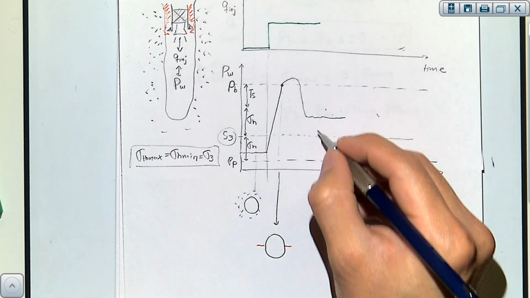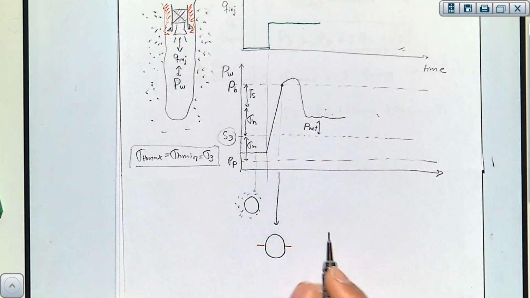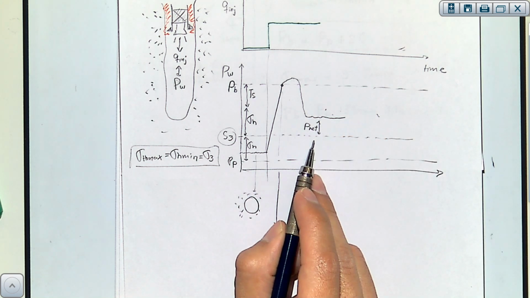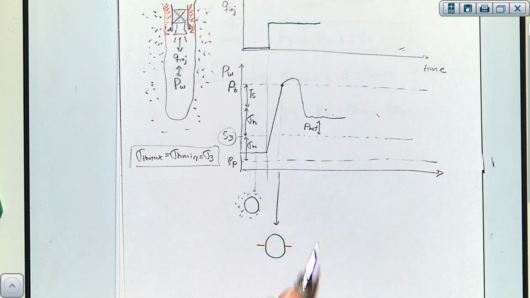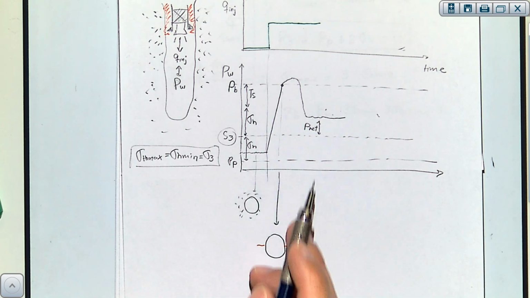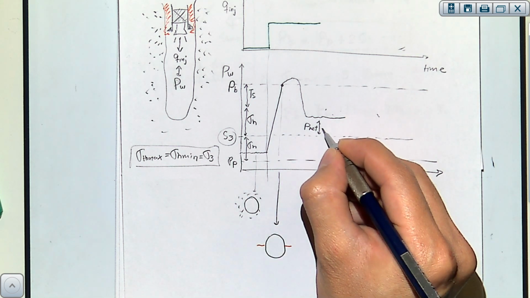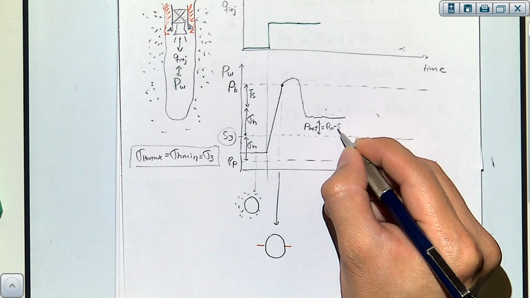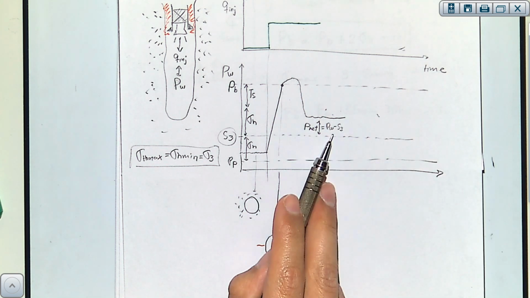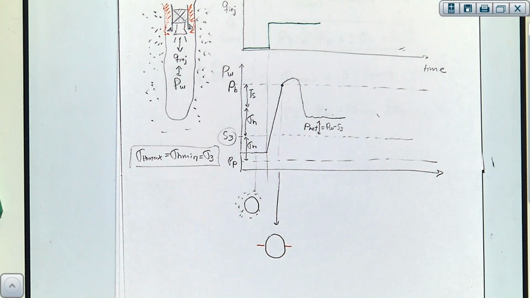And this additional pressure, the difference between the minimum principal stress and the pressure in the wellbore or the pressure in the fracture, is what is called net pressure. So in this particular case, net pressure is going to be PW minus S3. In general, it is the pressure in the fracture minus the minimum principal stress.